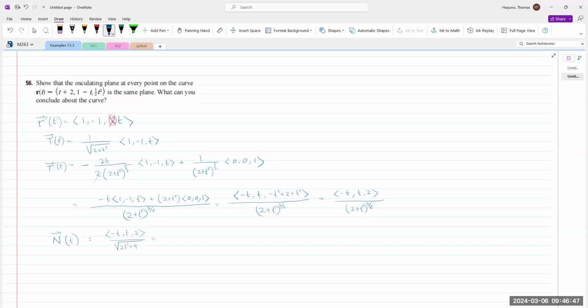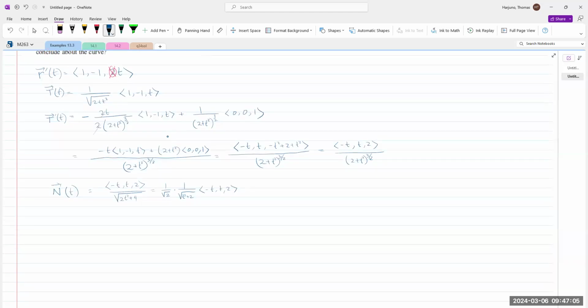Notice that I can factor the square root of 2 out: 1 over square root of 2 times 1 over square root of t squared plus 2 times negative t, t, 2. Now, why do I do that? Like what you have seen before, my unit binormal vector is the cross product of the unit tangent vector by the unit normal vector, which is the ijk determinant.